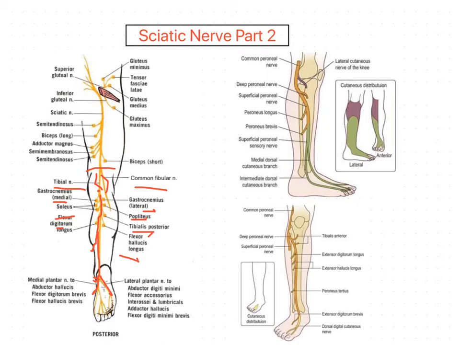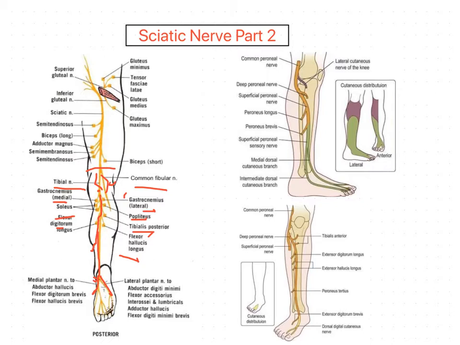The cutaneous branch at the popliteal fossa is the sural nerve. It also gives some articular branches to the knee joint, given in the upper part of the fossa. Those are called the superior medial genicular, middle genicular, and inferior medial genicular branches.